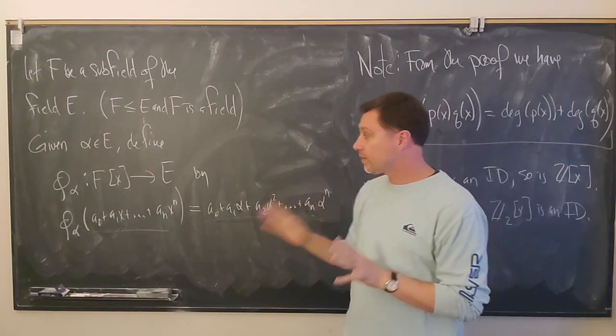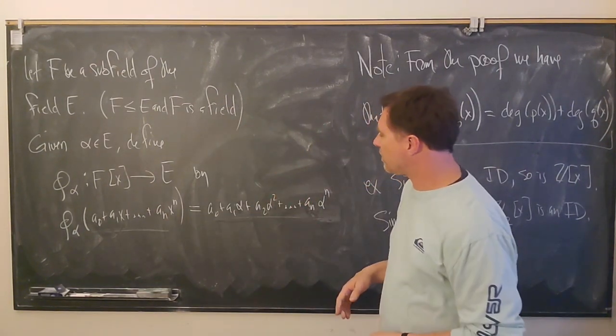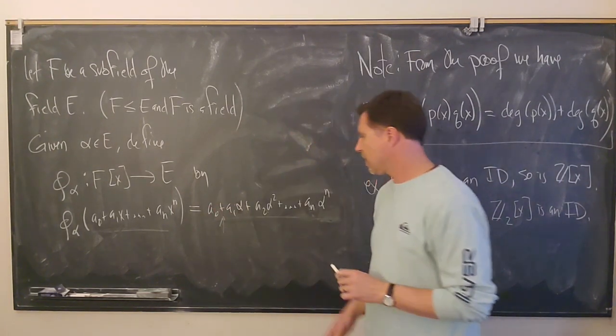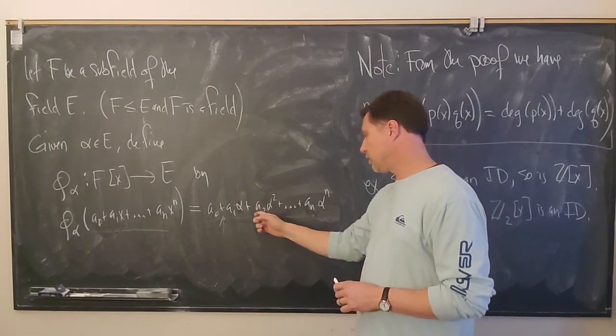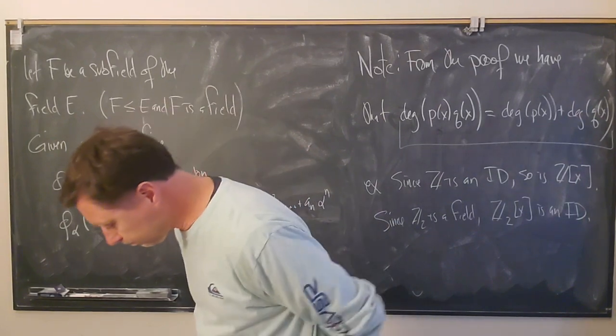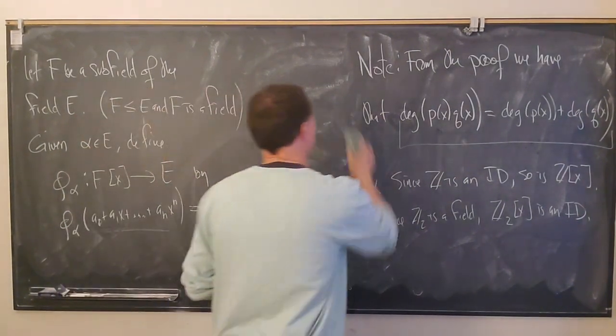We don't think of this as a function per se. But over here then, what do we mean? That plus right there, that's the plus in E. a1 times alpha, that is multiplication in E. a2 times alpha squared, that's multiplication in E also. So let me write down what I want to say about this thing now.